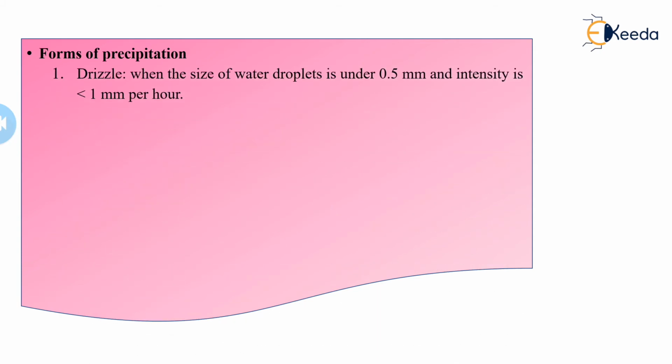The first form is drizzle. Drizzle is the form of precipitation in which the size of a droplet is under 0.5 mm. That means it is very light.